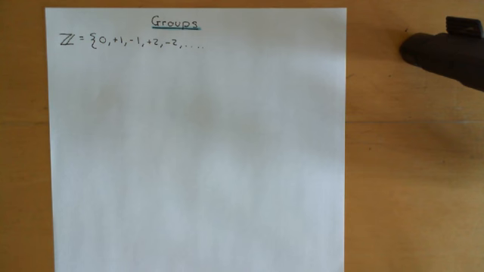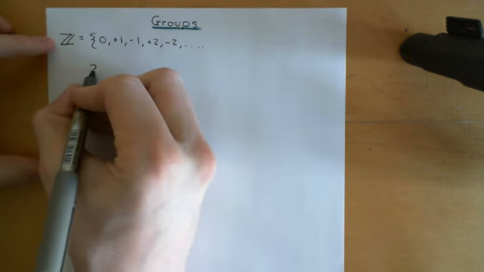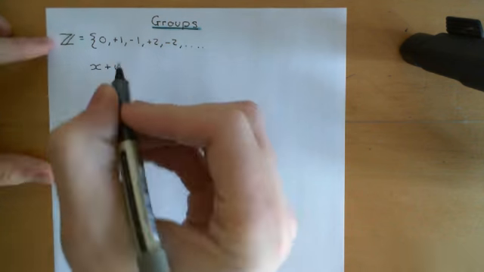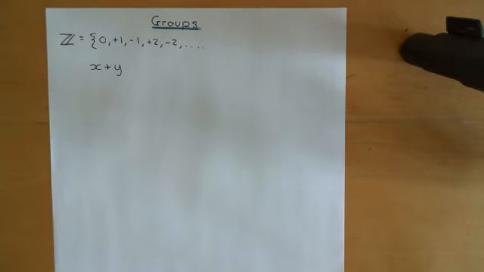So we want to ask the question, what does addition really mean? What is addition? What does it mean to take one arbitrary element of the integers and add it to another arbitrary element of the integers? So x and y here are denoting arbitrary elements of this set. They're variables.